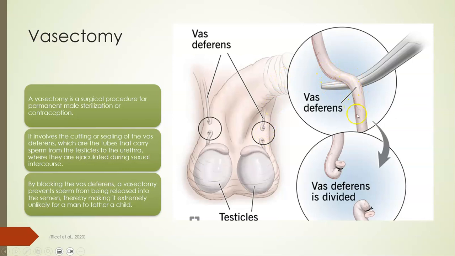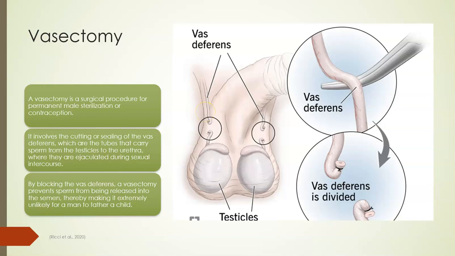So here's the vas deferens. This is where the mature sperm go up to be ejaculated through the urethra. So it will be tied, it will be cauterized, it will be blocked off so the sperm cannot go up. One of the most common questions I've heard students ask me is, can a man still get a woman pregnant?